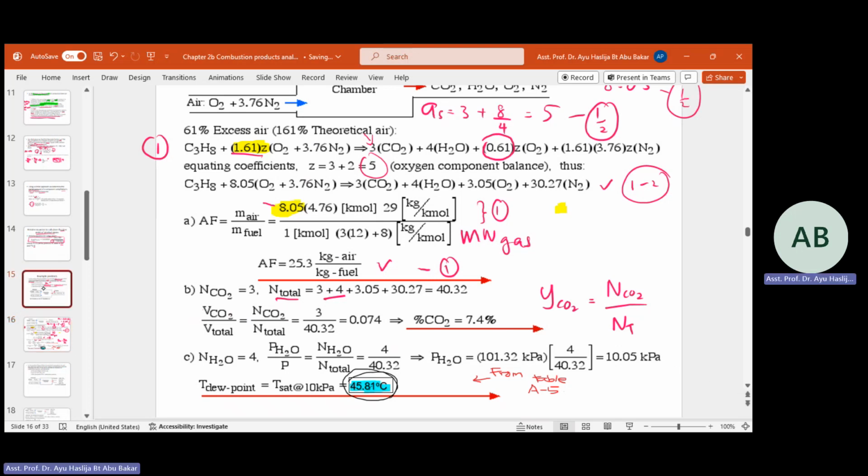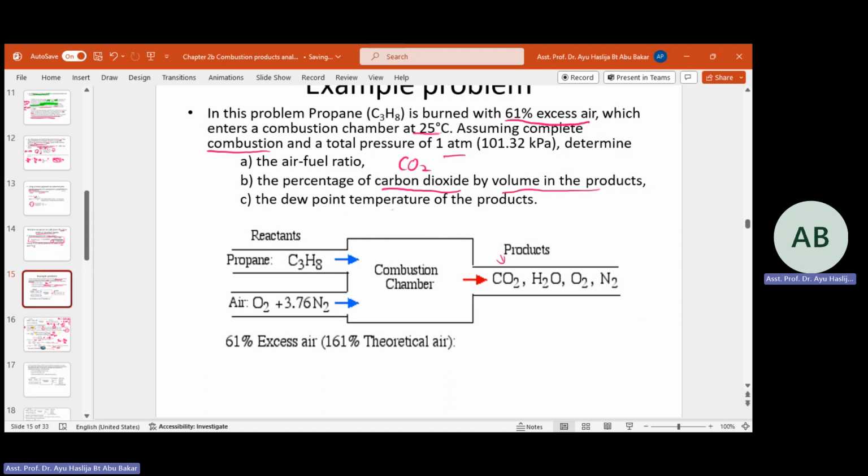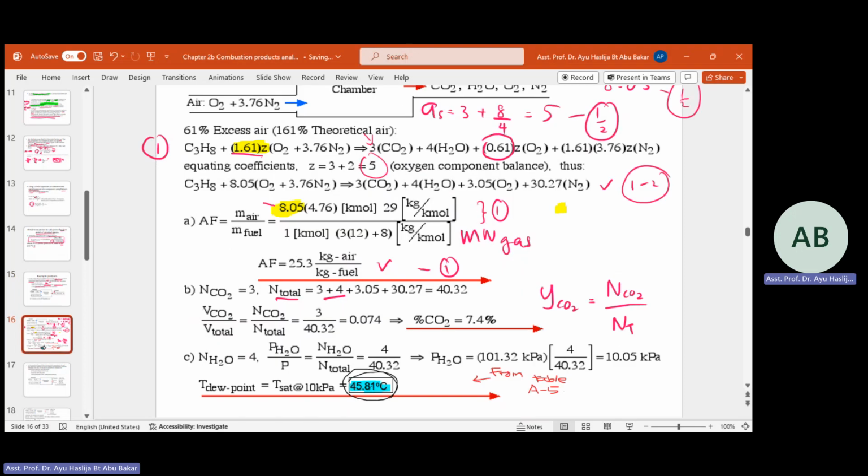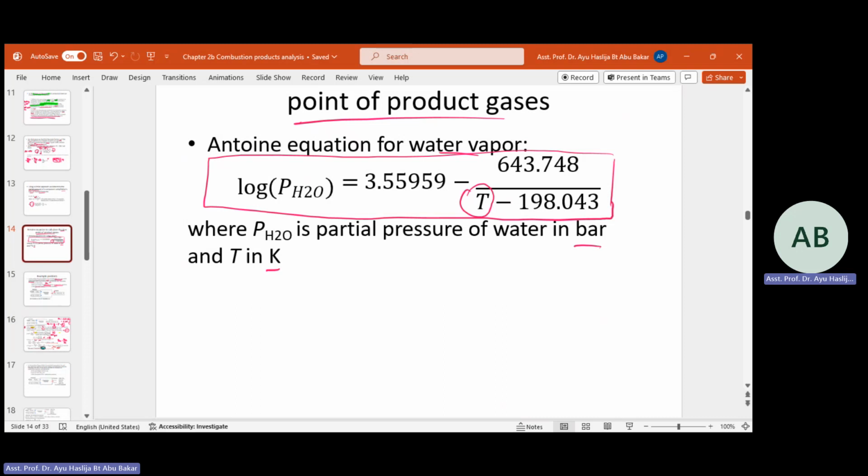Now, number C, the dew point. Okay, dew point. So, ini kena guna the Antoine equation. Okay, this one, Antoine equation tadi. Okay, Antoine equation, okay. I take up this.